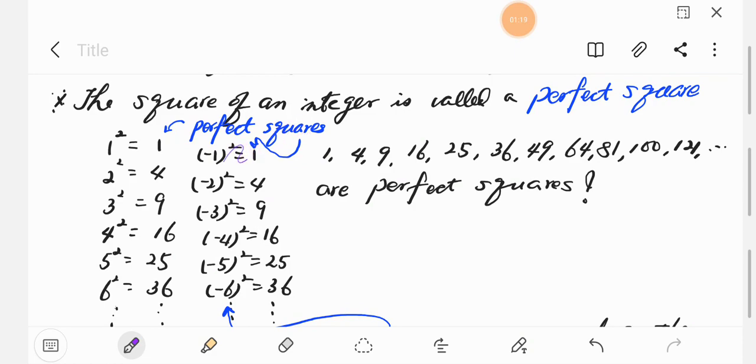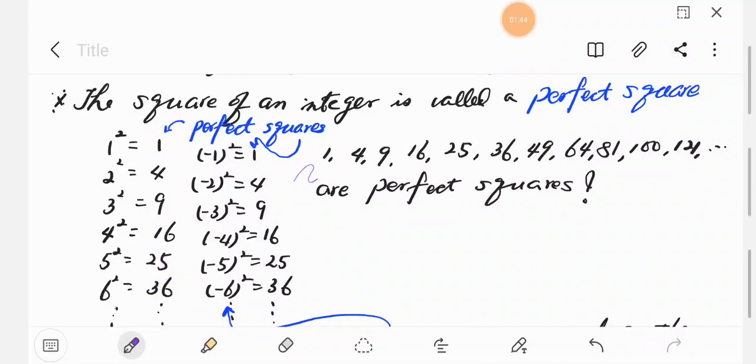Even if you square a negative number, a negative times a negative becomes positive, so the result is a positive number, which is a perfect square. Negative 1 squared is 1, negative 2 squared is 4, negative 3 squared is 9. These numbers are the same as the previous numbers, right?